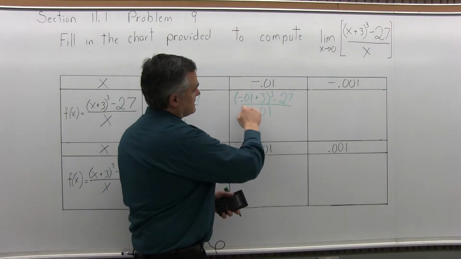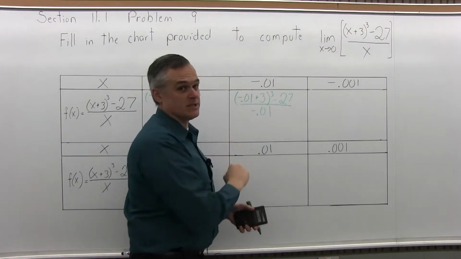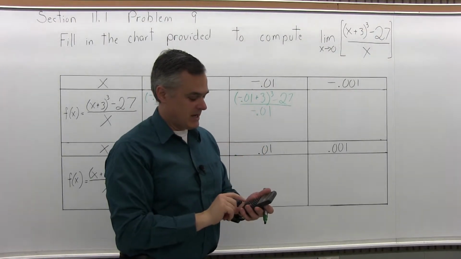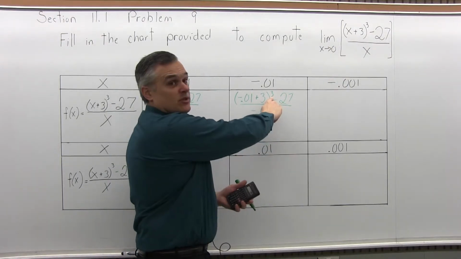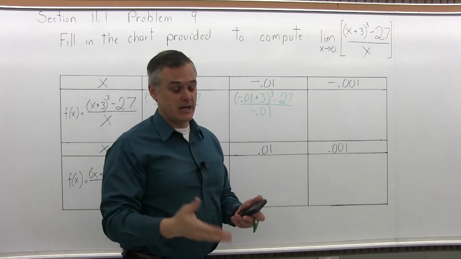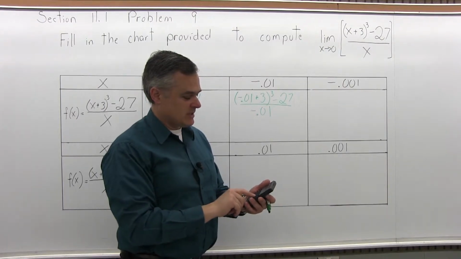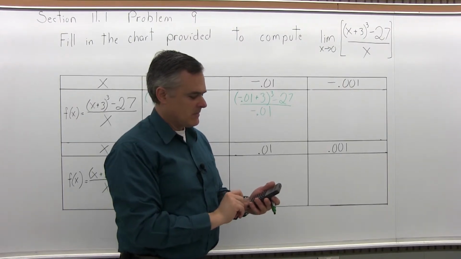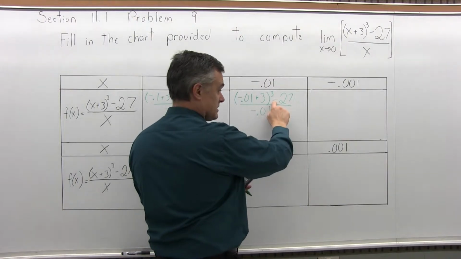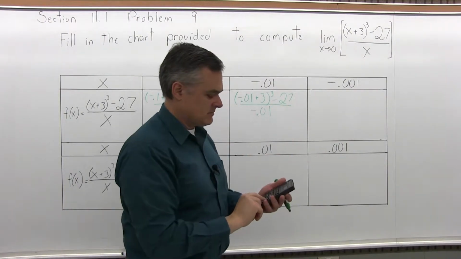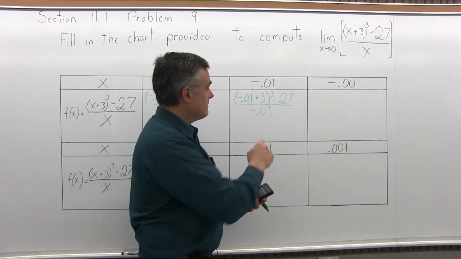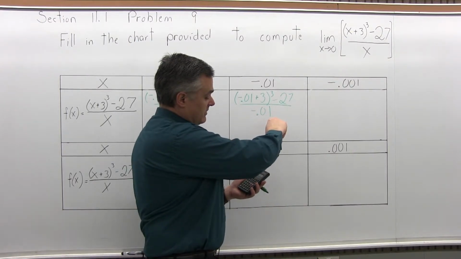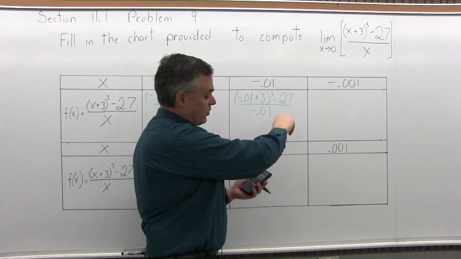So in the parentheses, again, I can see negative 0.01 plus 3 is going to give me 2.99. I have to raise the 2.99 to the third power. So 2.99 times 2.99 times 2.99. I get an answer for that. I'm going to subtract 27 from my answer. Press equals. And I get an answer of negative 0.269101.